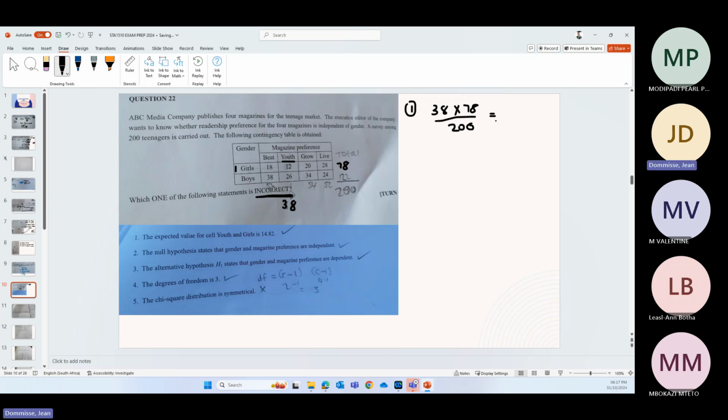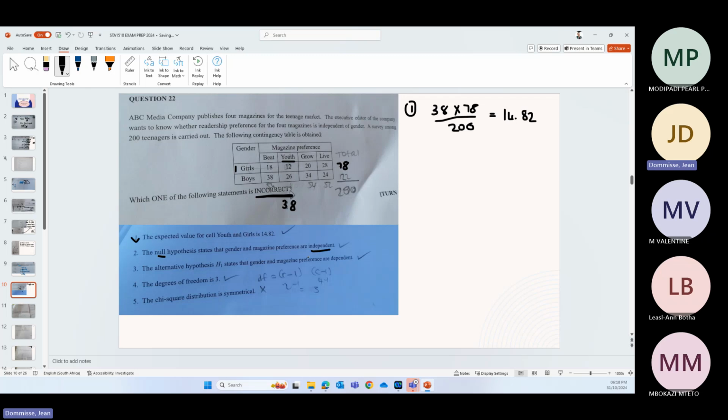The 58 times 78 divided by 200 gives us 14,82, 14,82, correct. The null hypothesis states that gender and magazine preference are independent.